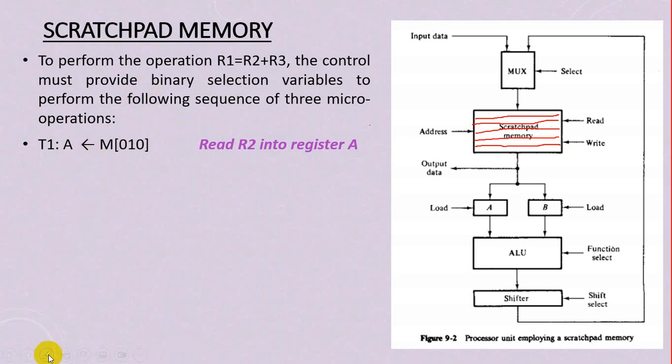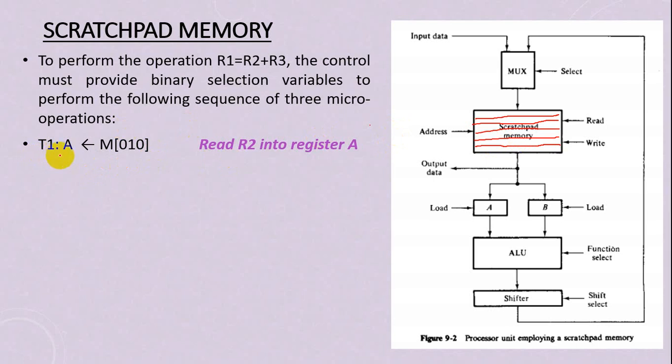Capital M stands for memory, and this is the address, location 2, like register R2. So we read R2 from memory. This is R0, R1, R2. This is register A. So in the first clock cycle, we read register location R2 to register A.